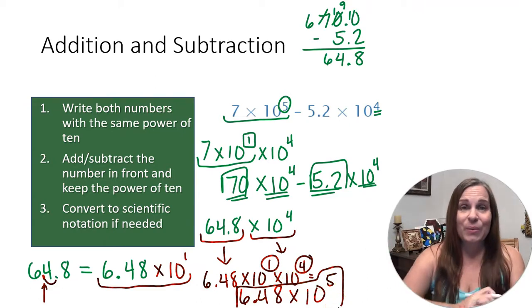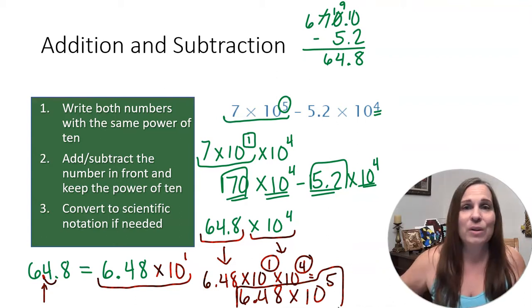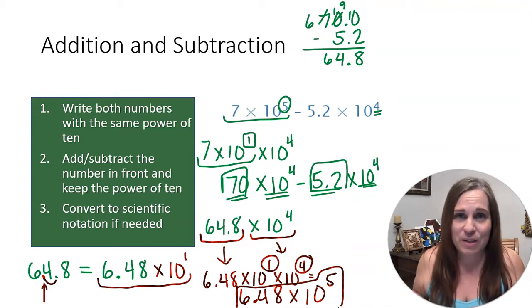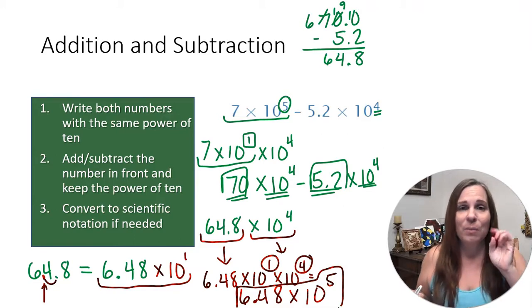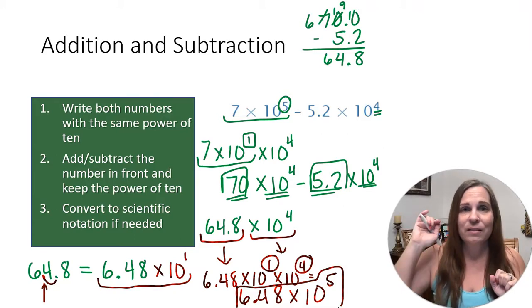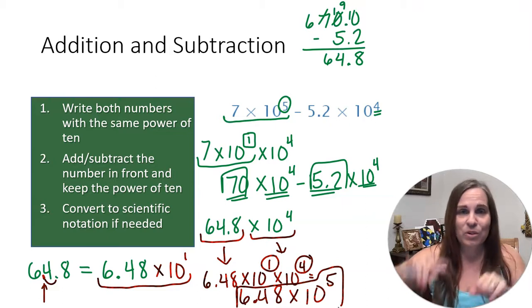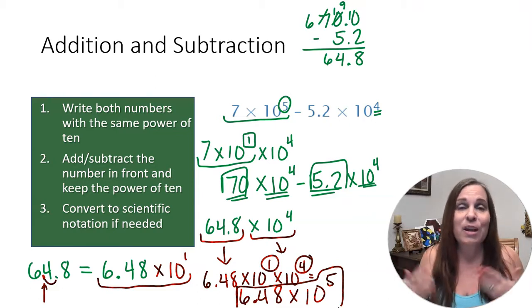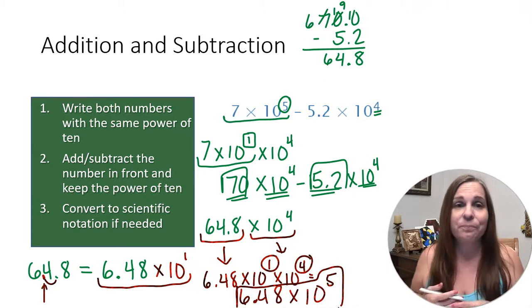All right, so multiplying and dividing, you don't have to worry about them being the same power of 10. You just multiply or divide your numbers and your powers of 10, and then you just have to worry about the number being in scientific notation. So those are actually easier.